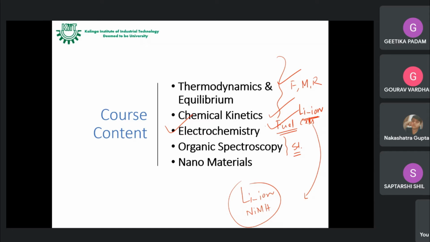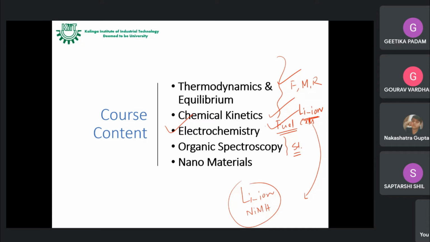And we are trying to increase these cycles so that for a long time we can use it, and recycling is not required within 1.5 years. Rather, we can increase that time frame to 5 or 10 years. So that is very, very important as far as sustainability is concerned. So electrochemistry has been introduced with that perspective.